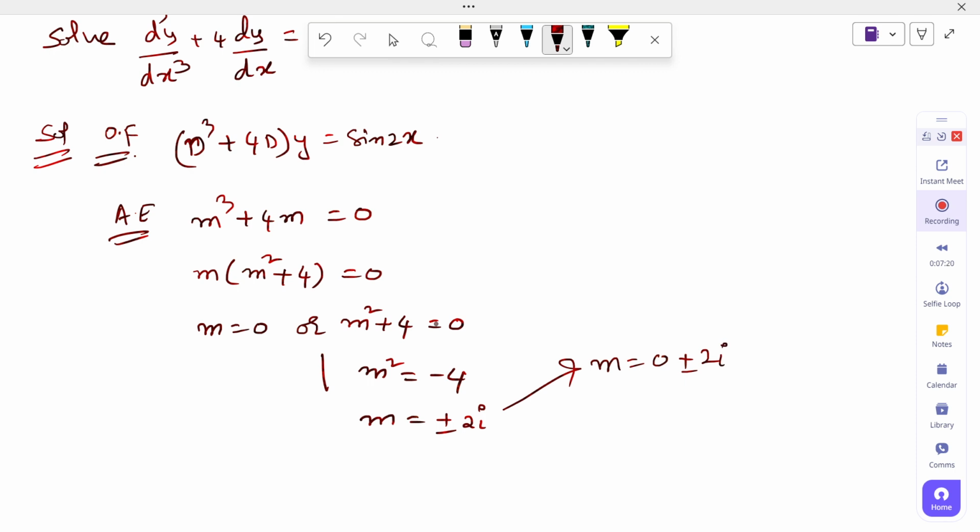It is in the form of alpha plus or minus i beta. This is the value for alpha, and this is the value for beta, where beta is equal to 2.